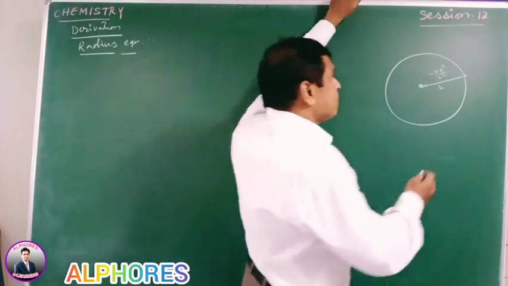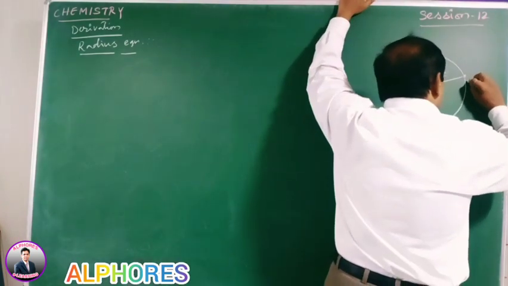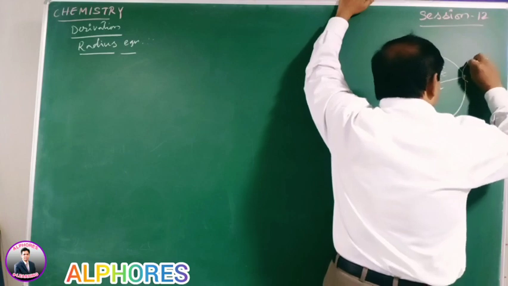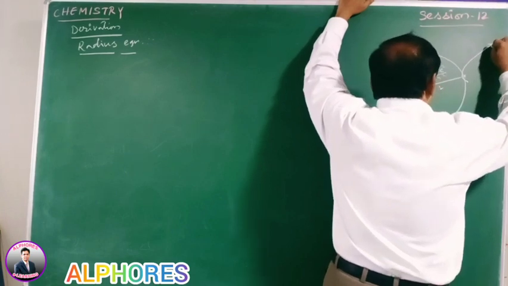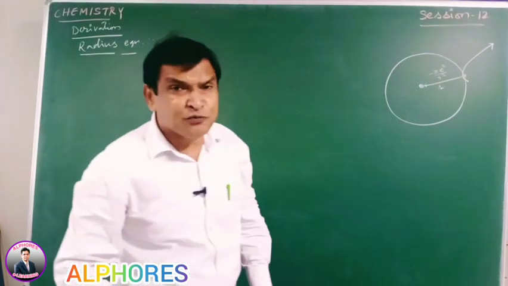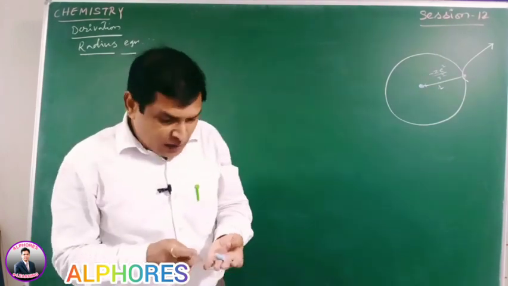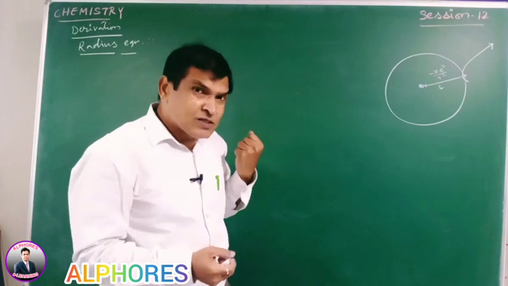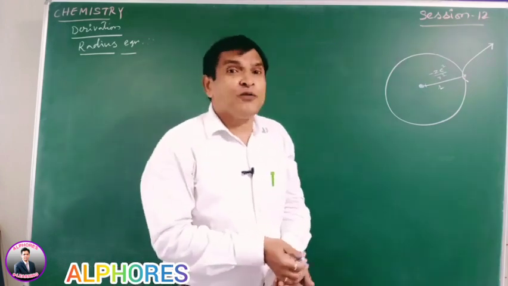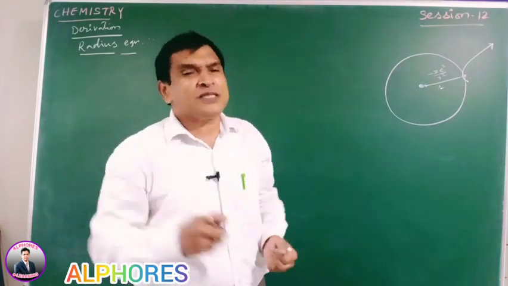Then the same amount of force acts on the electron to keep it away from the nuclear attraction, which is called centrifugal force. Centripetal force is towards the center and centrifugal force is away from the center.